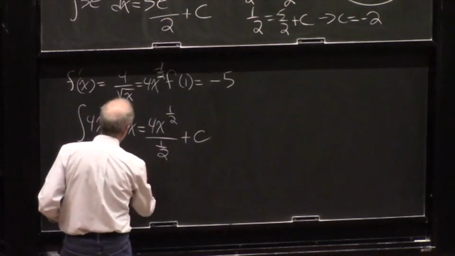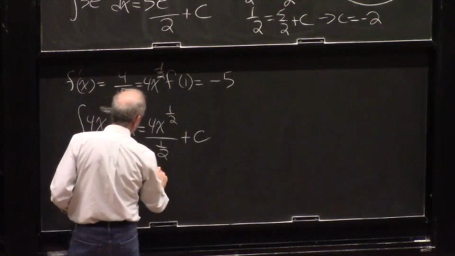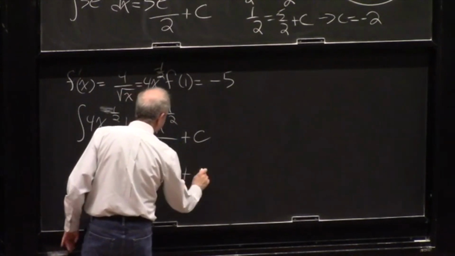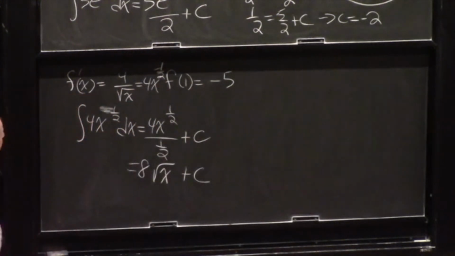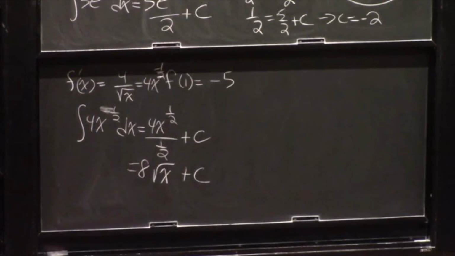So this is 8x to the half, or 8 times the square root of x, plus c. If I gave you a question like this on an exam, I've got to give you something you can take the square root of. It's not interesting if I give you the square root of 3. So assume x will be a perfect square.